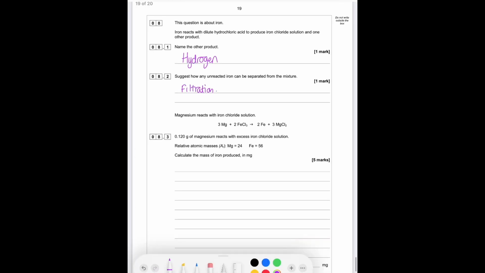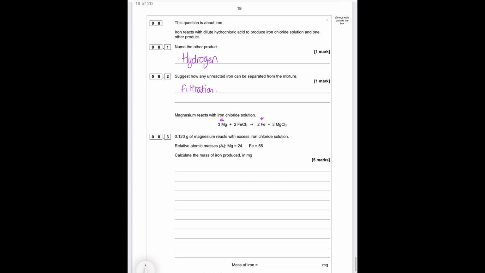Now, sometimes in science, there's more than one way to work out calculations. And so I'm going to show you an alternative way to do this calculation. So first of all, we can see that we have our magnesium, and 3 moles of our magnesium react with 2 moles of our iron.